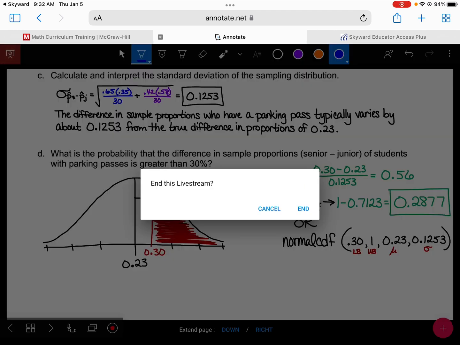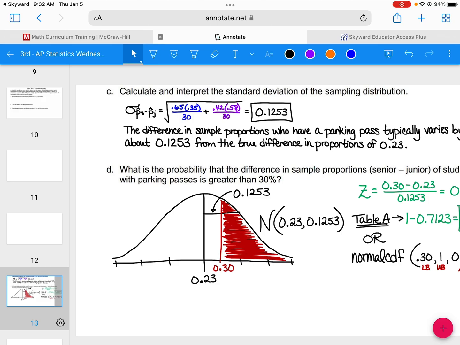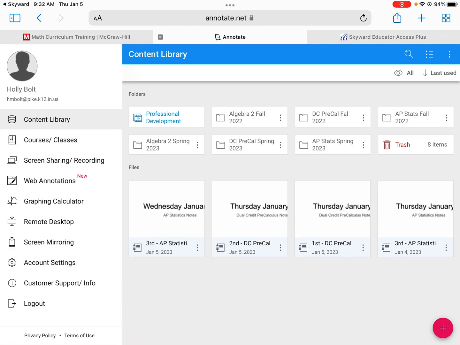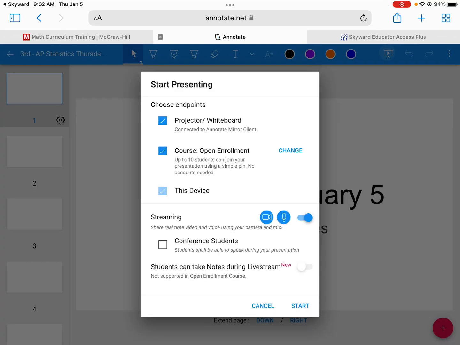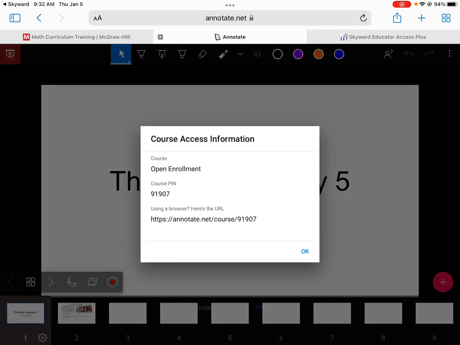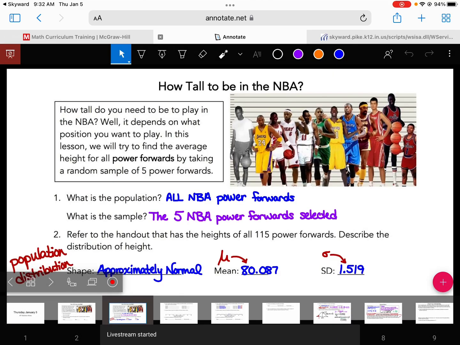Let me pull this up so that I can demonstrate for you. Real quick before I write mine down. Our population is all the NBA power forwards. Sample is going to be 5, the 5 NBA power forwards that we selected. Our population distribution is approximately normal.